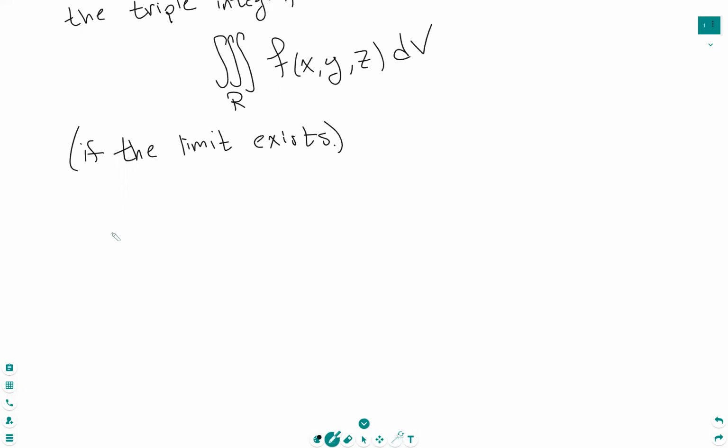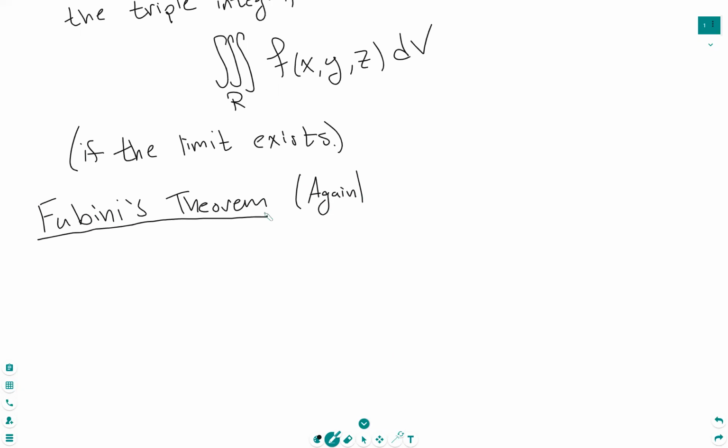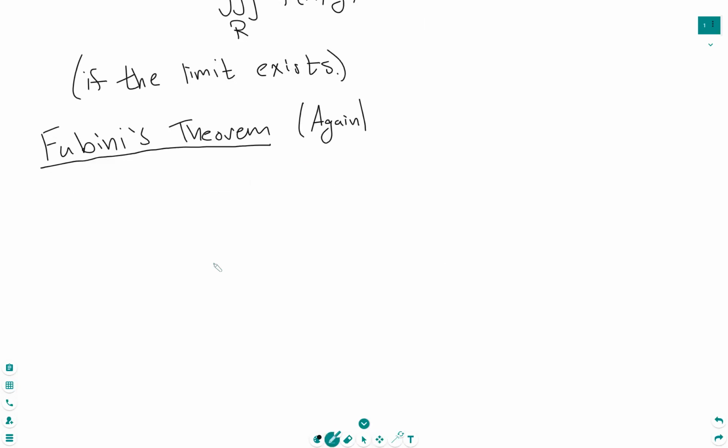So let's look at a theorem, and you've actually kind of seen this before. It's again Fubini's. So actually Fubini's theorem is a lot more complex than we're making it out to be, but for our cases, this is what it implies.